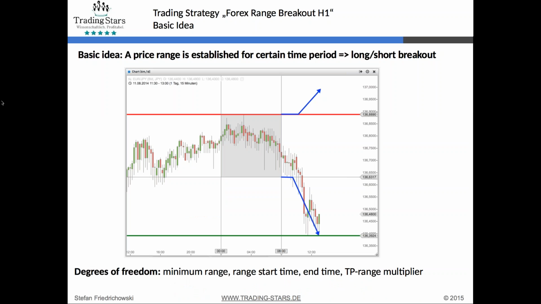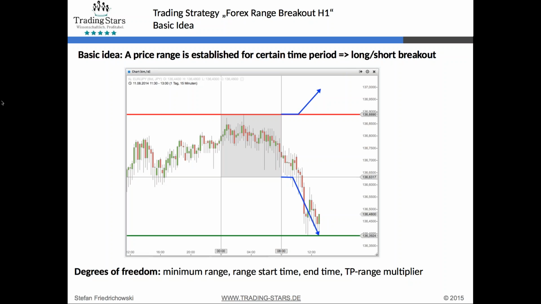This box is a range, and the box is simply derived by two timelines. One is at midnight and the other one is at 8 o'clock in the morning. And of course, we can see a range price-wise, which is indicated by the gray box as well.